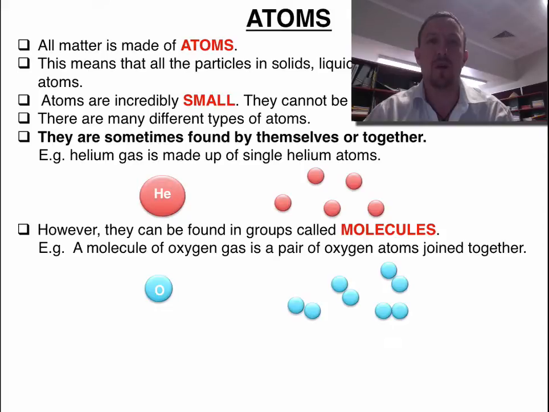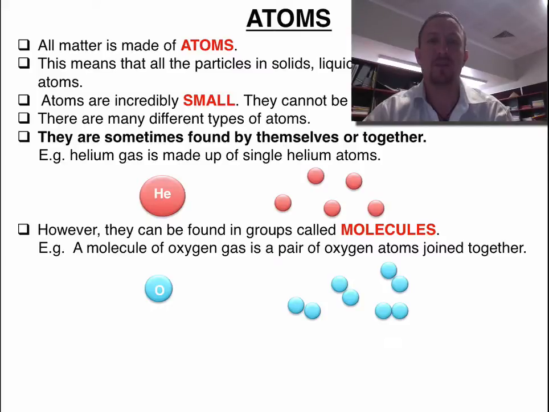Oxygen you'll know as the formula O2, and if you see on the diagram here we've got two little blue dots joined together. Those two dots make up the oxygen molecule. There are two atoms that make up one molecule. So this is how it's found in nature.